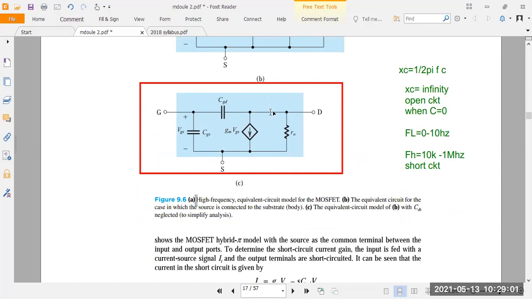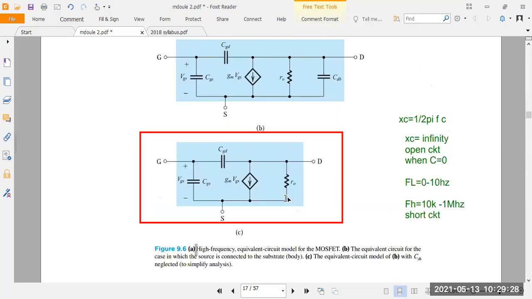In the figure it is not shown, but there is a CDS. Actually, there are 3 capacitances for the MOSFET: gate to source, gate to drain, and drain to source. All 3 capacitances act as a closed circuit at high frequency response, in the large signal model.